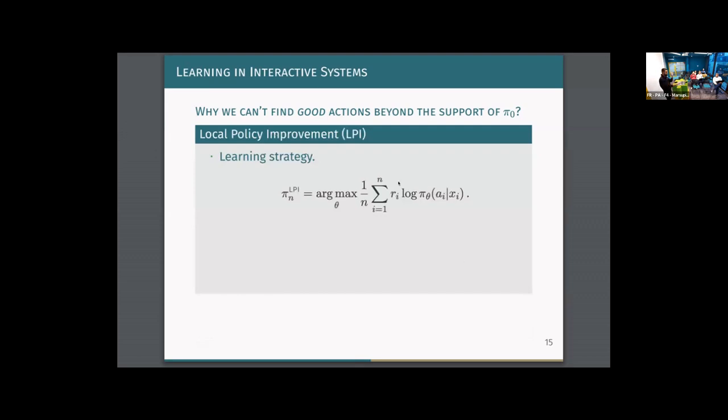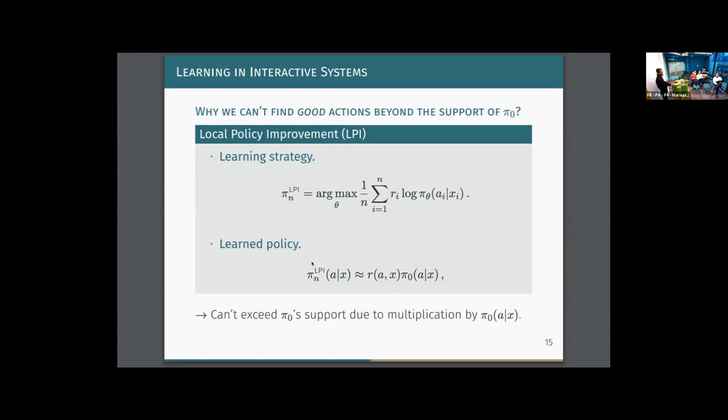There are other ways to do it. For example, another loss function, which you can think of as, again, parameterizing a new recommender system with some neural networks and using this loss to optimize it. And here as well, with this widely used method, we also end up with a new recommender system that just improves the previous one, but doesn't go beyond its support.